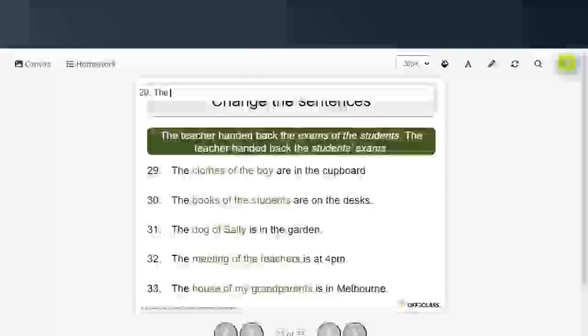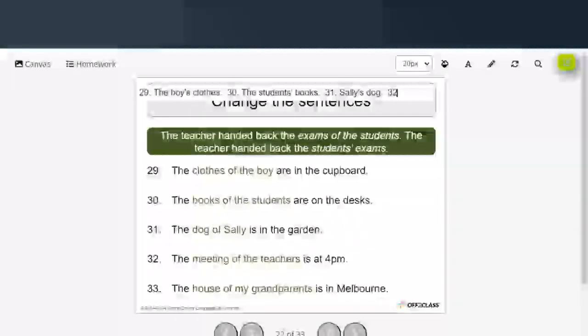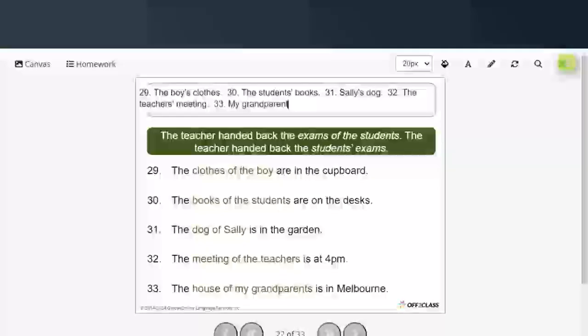And the house of my grandparents. My grandparents' house. All right, now we have some irregular plural nouns. So some nouns have an irregular plural form.